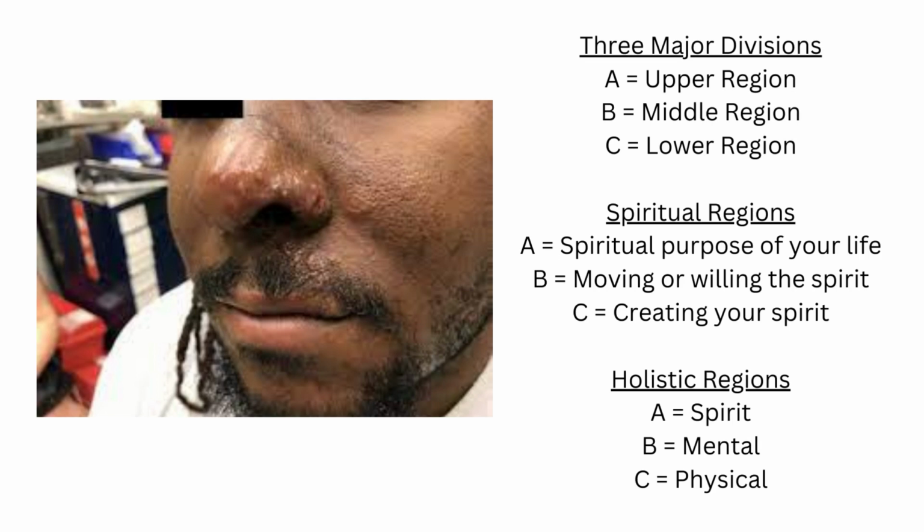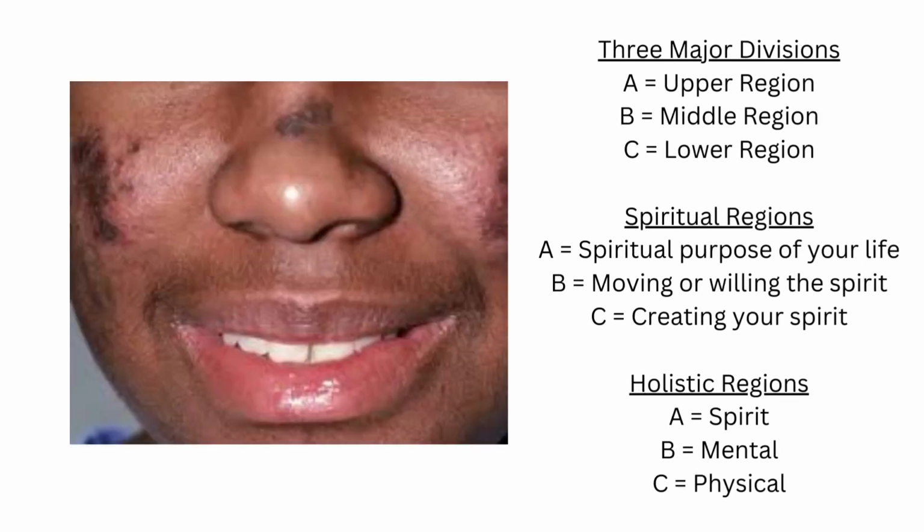I would still go with A, and maybe tinkering on the B region slightly, but mostly A. I feel comfortable treating this brother from an emotional level. And what about this one? A, B, or C? B. I will go with B.